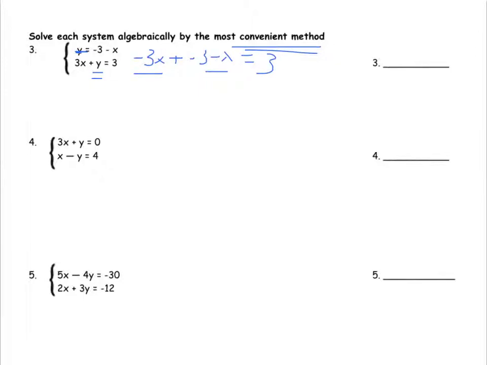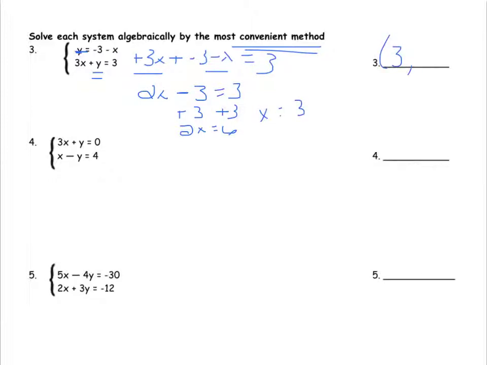And I'm going to erase that, or just change it because I wrote a minus and it wasn't. Alright, so now I'm going to combine my like terms. So I have 2x minus 3 equals 3. So I have to add 3. So 2x equals 6. So x is 3.